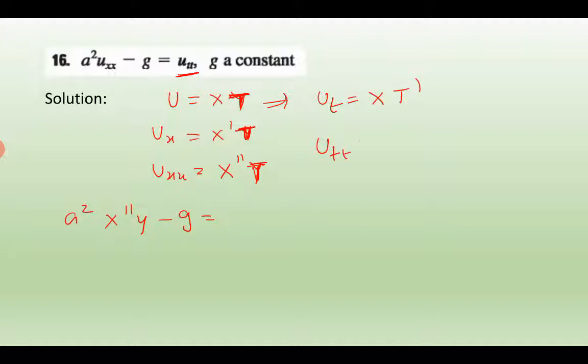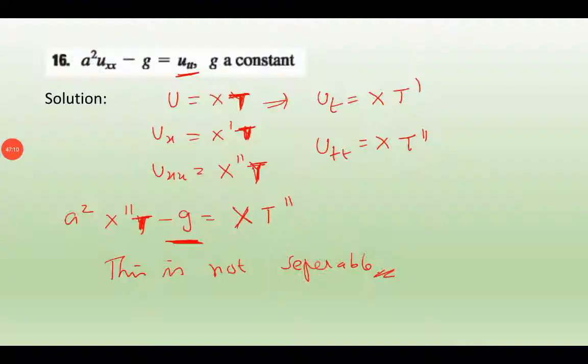So u t is x t prime, u double t is x t double prime. You cannot further simplify this one. This is x double prime t. So this is not separable. If there were no constant here, we would have tried to separate it, isn't it? So that's the end of this problem.